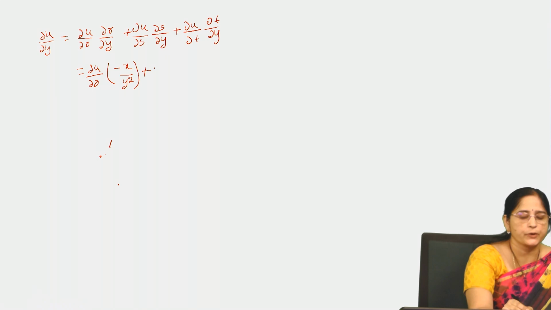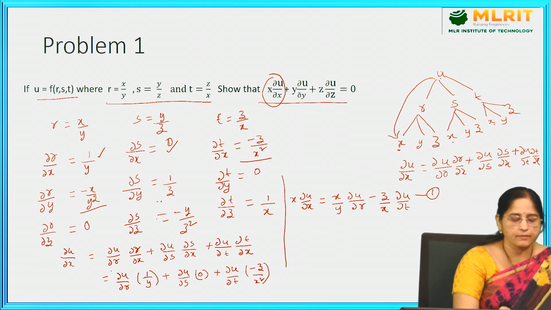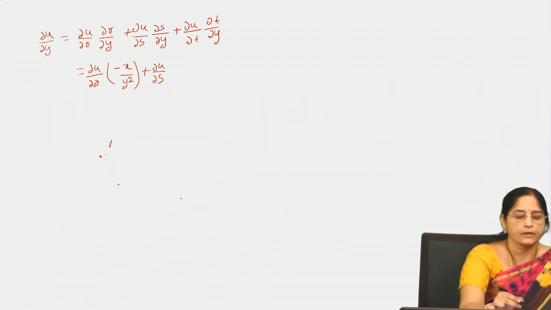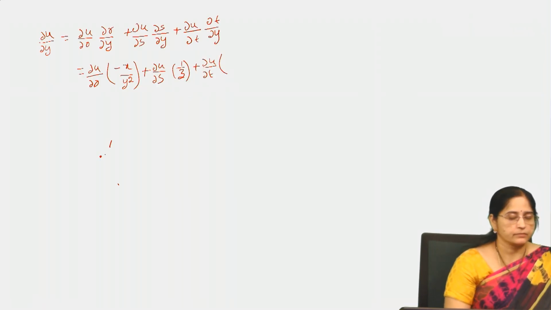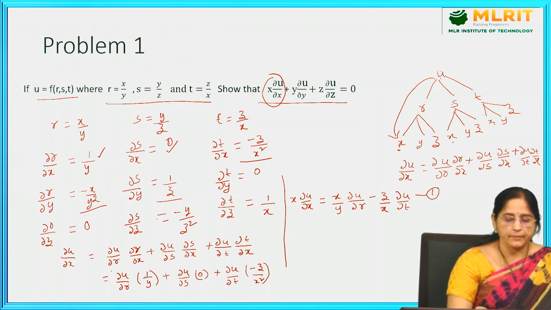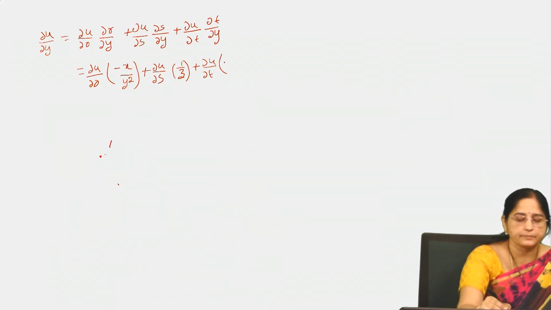Plus dou u by dou s into dou s by dou y. Dou s by dou y value is 1 by z, plus dou u by dou t into dou t by dou y value. Dou t by dou y value is 0.